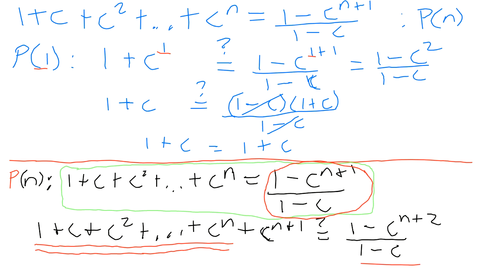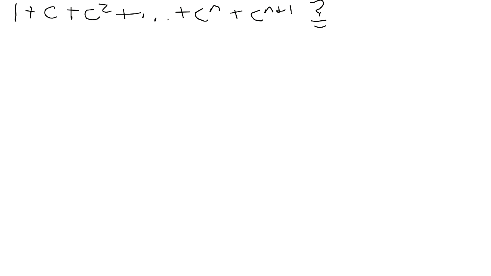All right. So here's what we're going to have now. Write it again so you can see exactly what I'm replacing, and there's no confusion. 1 plus c squared plus dot dot dot plus c^n plus c^(n+1) is equal to, we want to show this with a question mark, 1 minus c^(n+1+1).